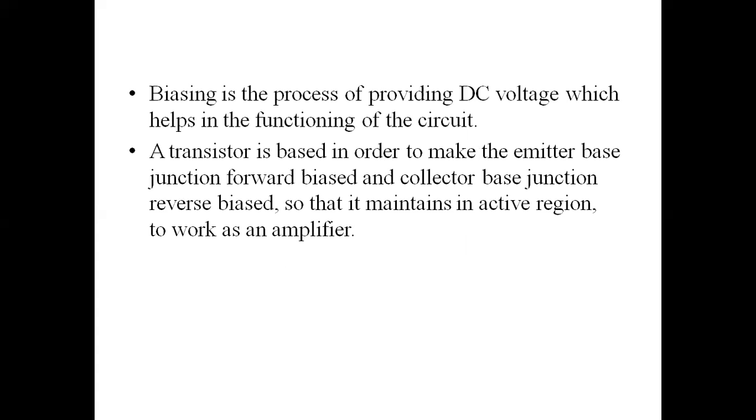This is an essential condition for the transistor to work as an amplifier. The transistor is said to be in the active region when its input junction, the emitter base junction, remains forward biased and its output junction, the collector base junction, remains reverse biased. In the active region, the transistor will work as an amplifier.